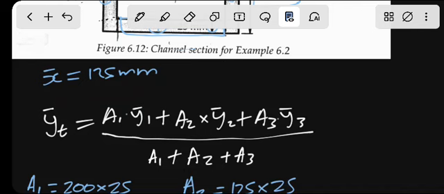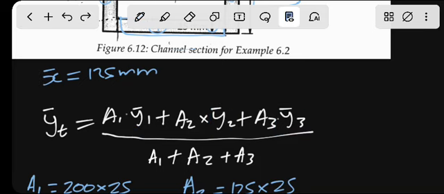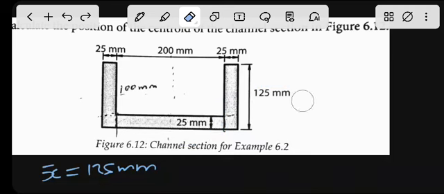Now we have to get y1, y2, and y3. So after that it will be good. Okay, let's check y1. Remember, those are the centers. We're talking about the centers of our objects.